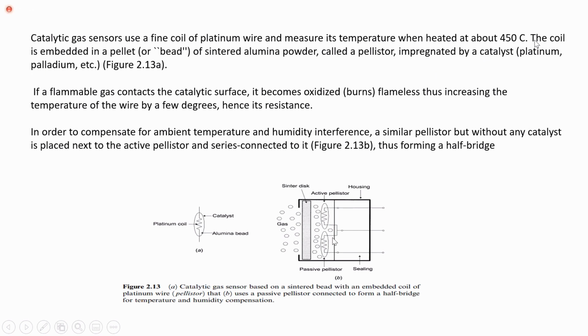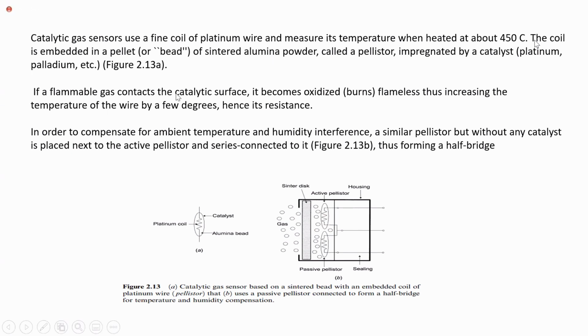Here we have the platinum wire. The coil is embedded in a pellet or bead of sintered aluminum powder, called a thermistor, impregnated by a catalyst.